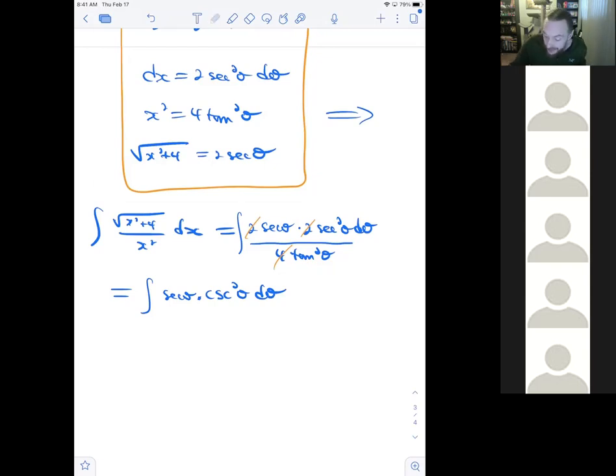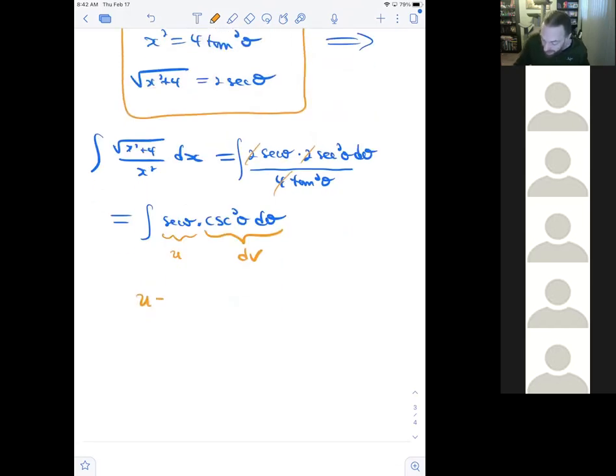I want to see integration by parts. I want to see a dv. What do you know how to integrate? And what do I know how to differentiate? I know how to differentiate secant, and I know how to integrate cosecant squared because the derivative of cotan is negative cosecant squared. So I'm going to let u equal secant theta, du is equal to secant theta tan theta d theta, dv is equal to cosecant squared theta d theta.